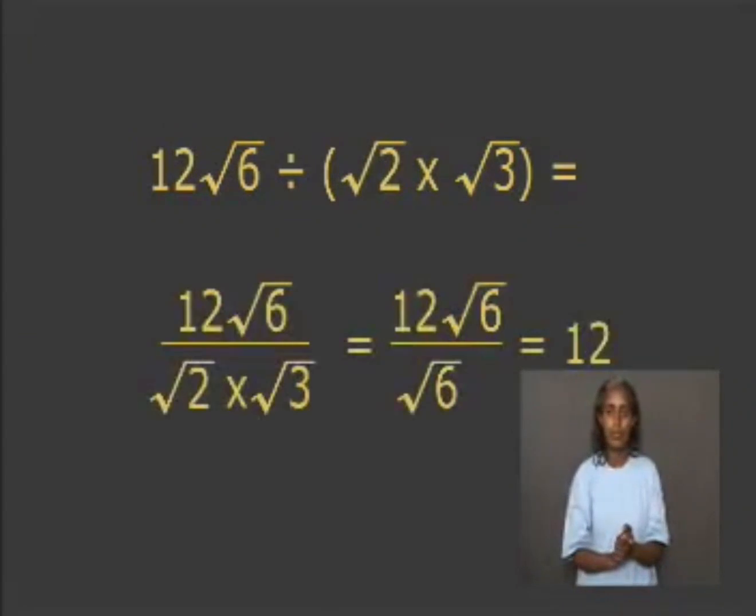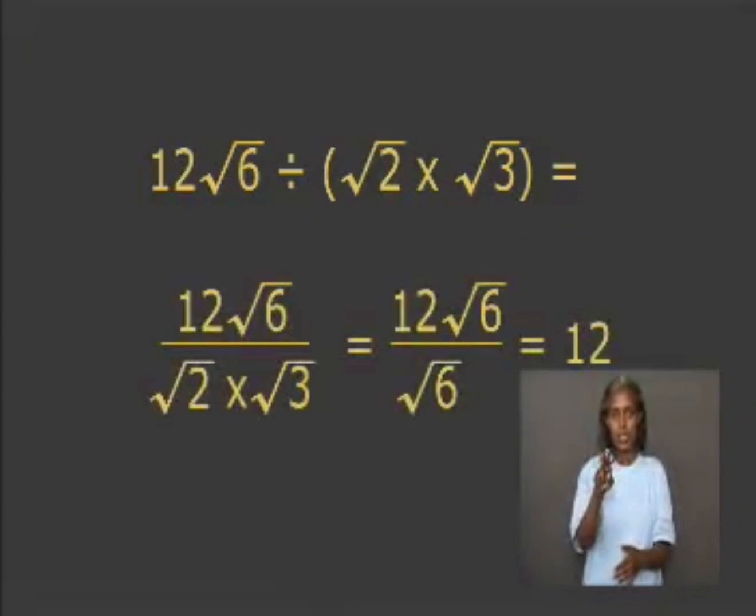Since our radicals behave as we expect real numbers to behave, our denominator becomes the square root of 6. When we perform our division, the square roots of 6 cancel out, and we are left with 12 as our answer.